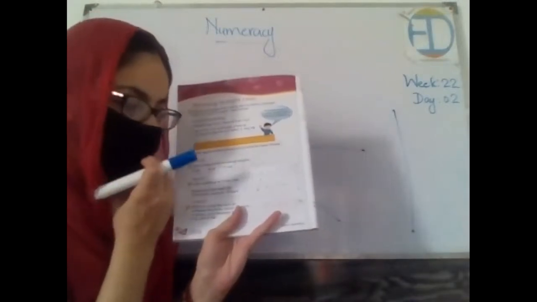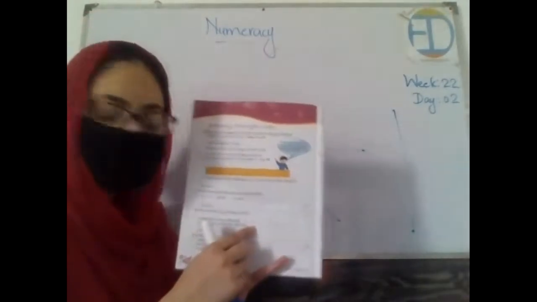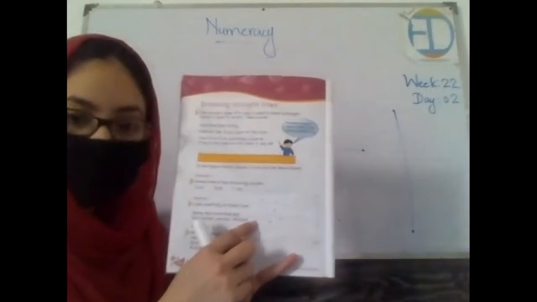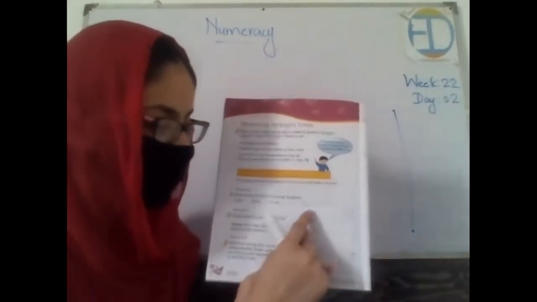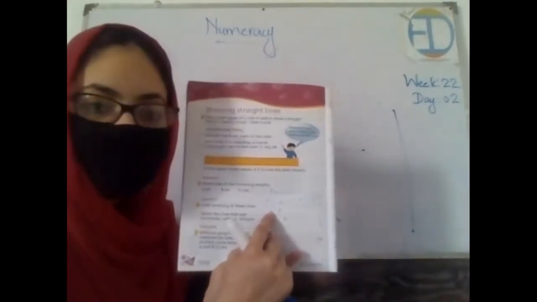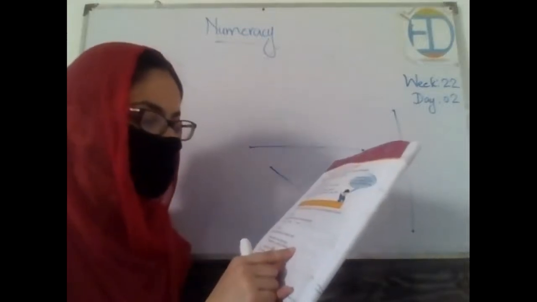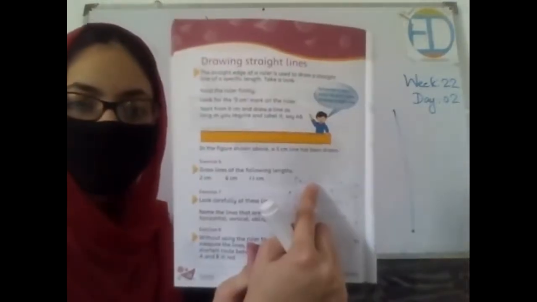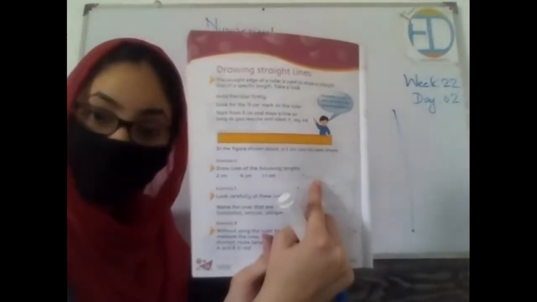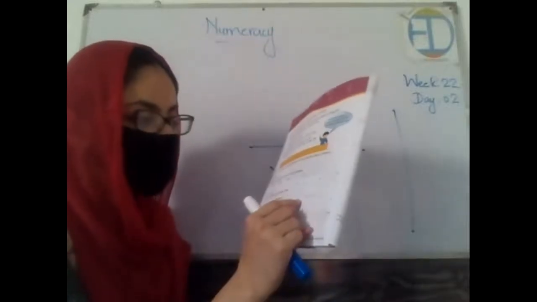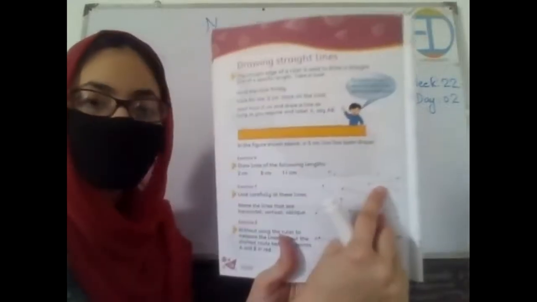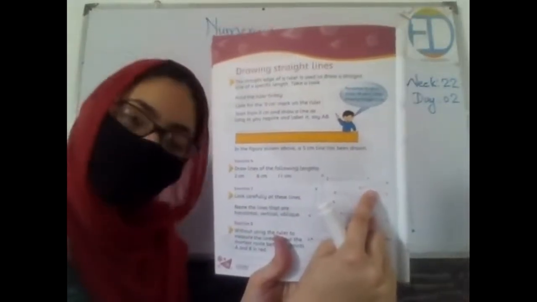So look at the AB. AB is oblique. Very good. What about CD? It's vertical. Excellent. What about EF? It's horizontal. Very good. What about D8? Oblique.